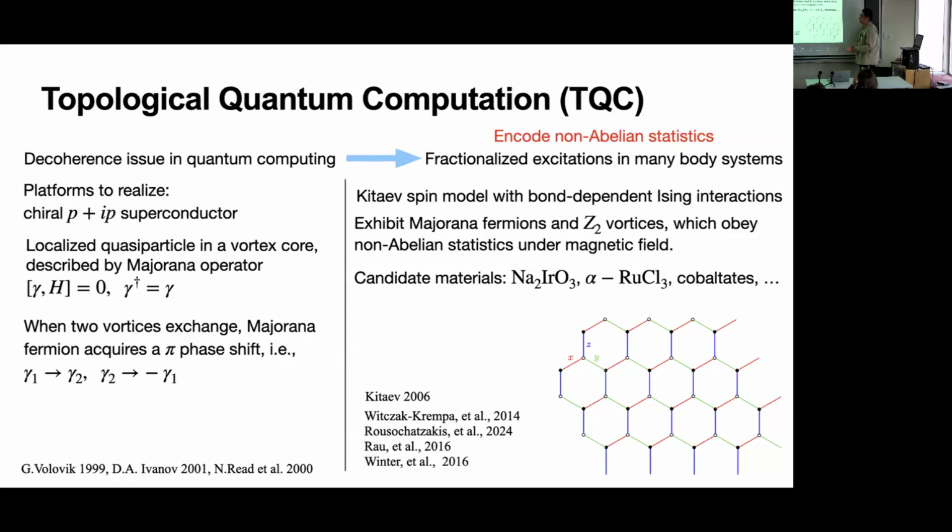If you consider such a model with a magnetic field, then the model will open a gap, and there will be Majorana fermions and Z2 vortices. Similarly, the locations of Z2 vortices and Majorana fermions are the same, so they also obey non-abelian statistics. There are already some candidate materials like iridates, lithium, chlorine, and so on.